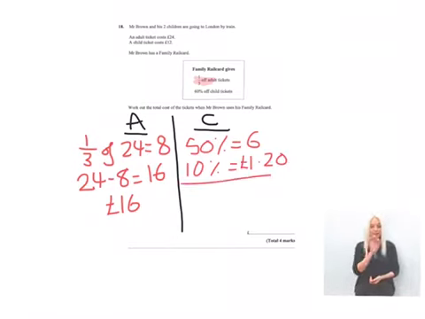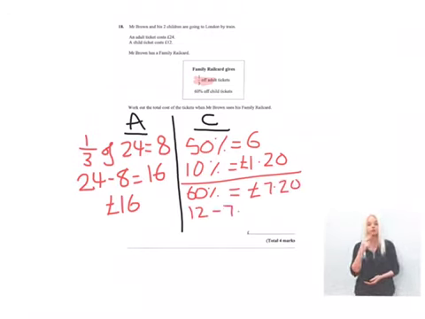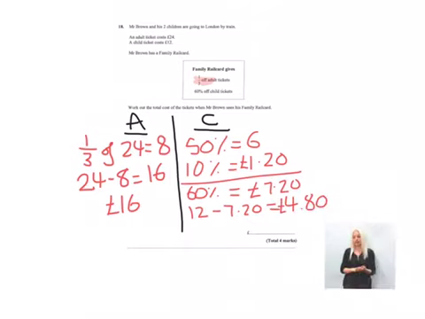So 60% is £7.20p. And that's off. So we need to do £12 take away £7.20, which gives us £4.80 per child ticket. Now we've got two of those. So if I go down here, 2 times £4.80 is £9.60.